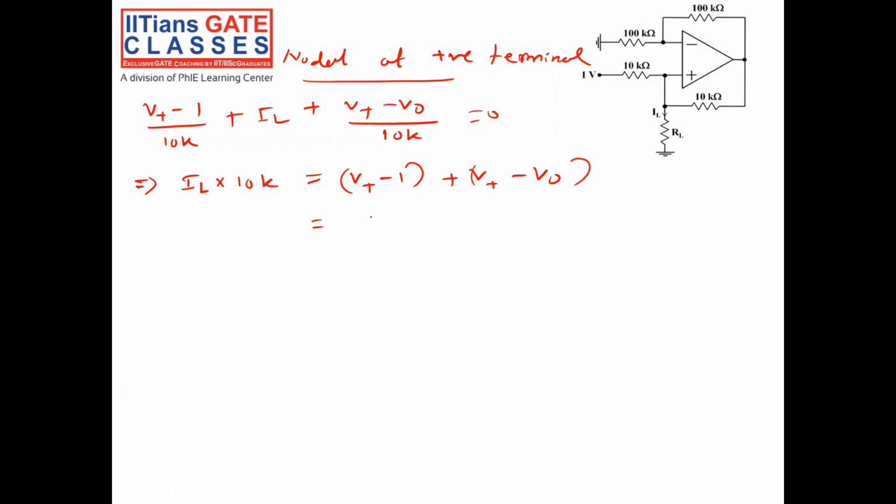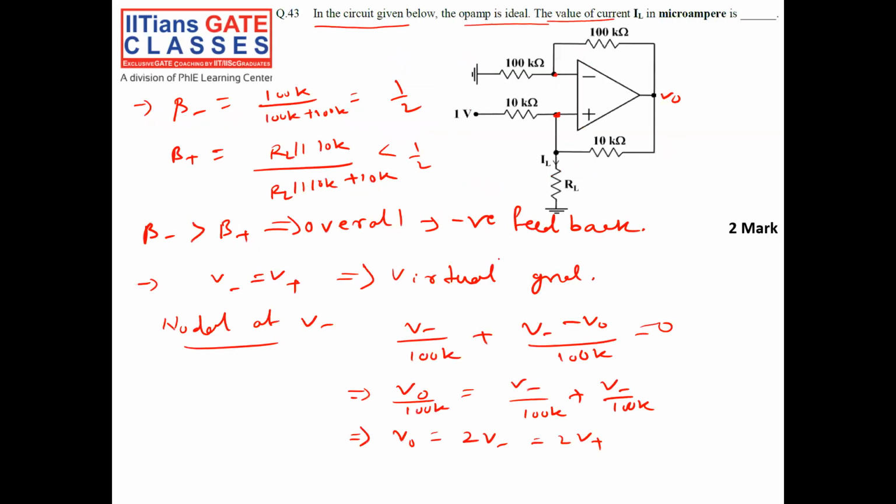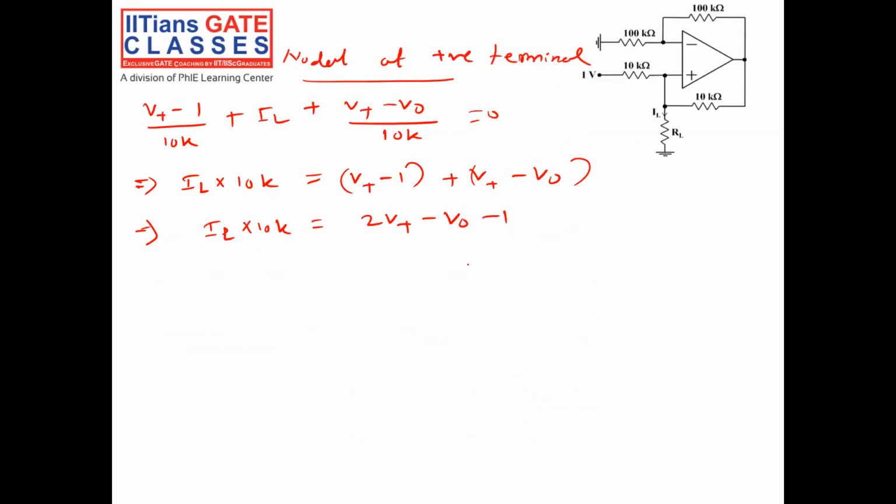Which is equal to 2 V positive minus V0 minus 1 equal to IL into 10K. Here, you also know V0 is equal to 2 V positive. So let's put 2 V positive. V is nothing but 2 V positive minus 1 equal to IL into 10K.